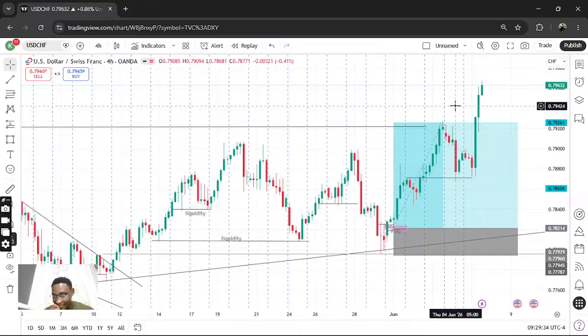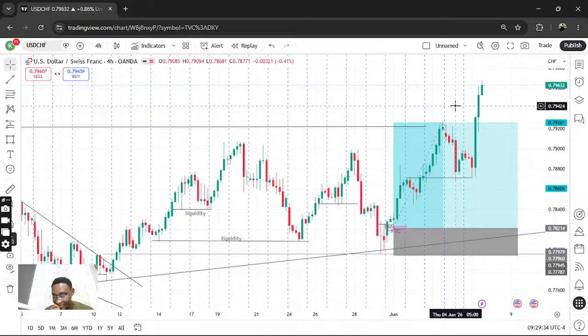When it hit here and created equal lows, first it took out this low that you are seeing here, because this particular candle here is a wick. And what came down to it is a full body candle. Then after that, you see this bullish candle that formed. This is engulfment. This is engulfment.